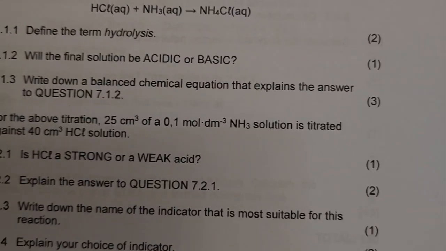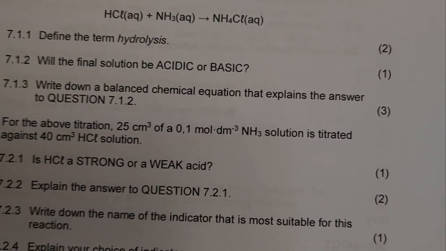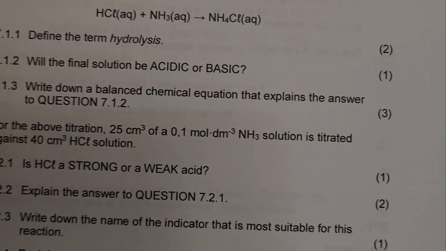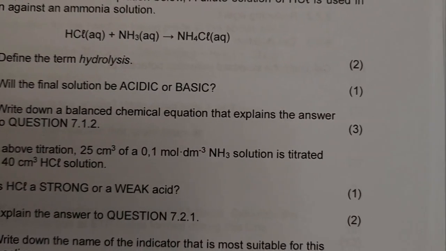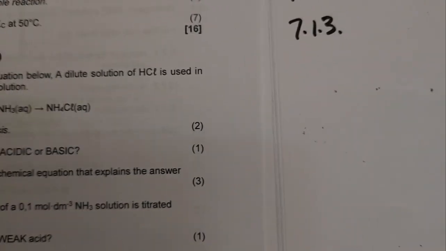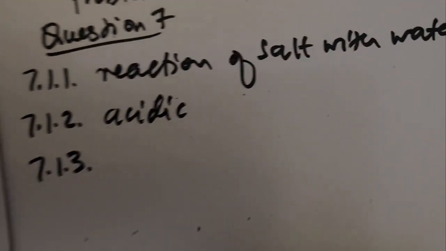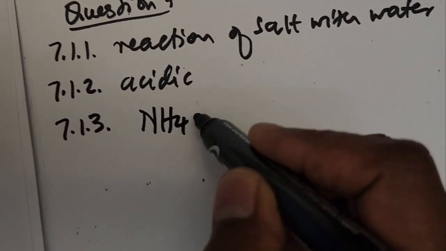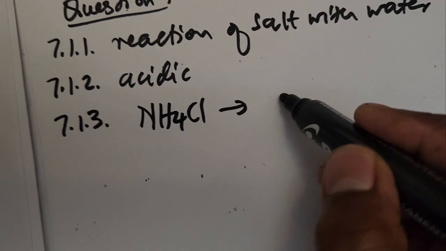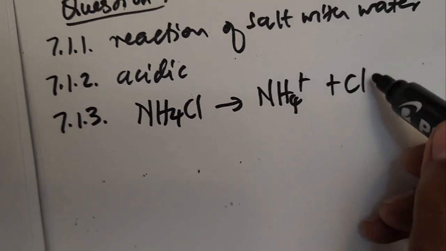In this case, let me just start because I don't know how far your level of understanding of hydrolysis is, because otherwise you can just look at the salt, ammonium chloride, and know between the two ions which one will undergo hydrolysis. But otherwise we can easily ionize the salt first to make it easier. There's no mark for that. Ammonium chloride, when ionized, will form ammonium ion plus Cl minus.